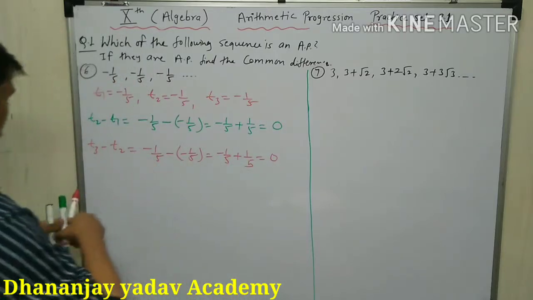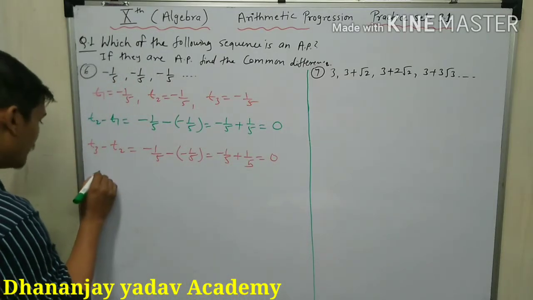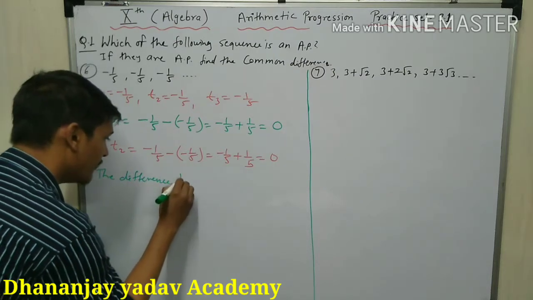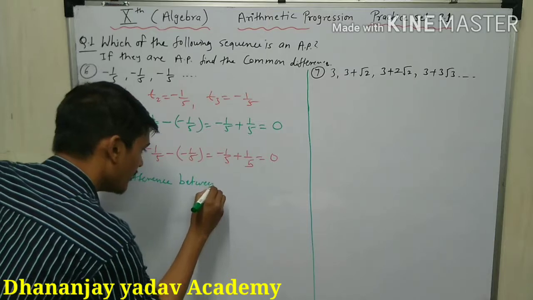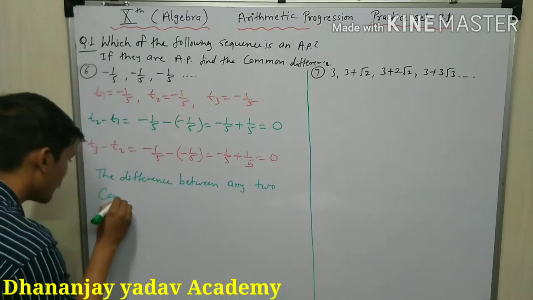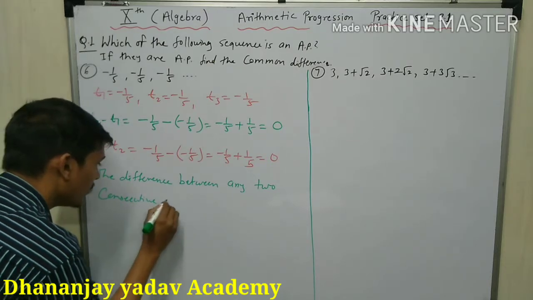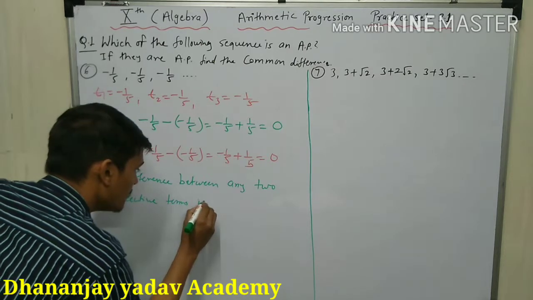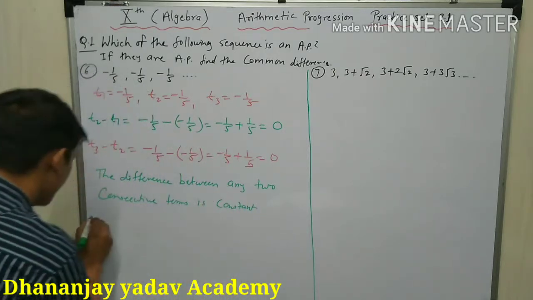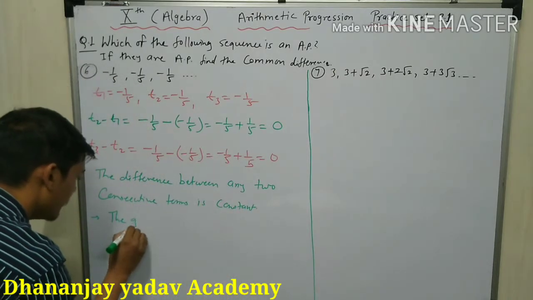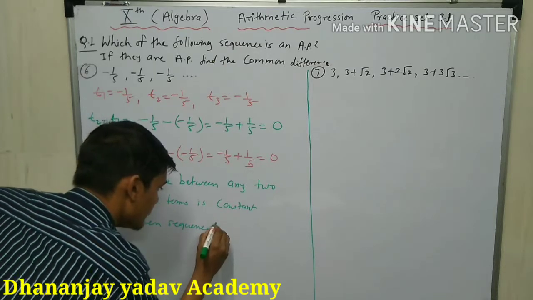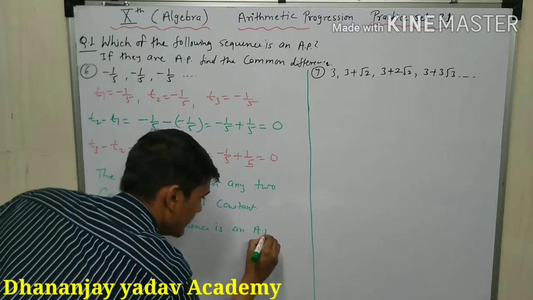Understood? Then you can write here: the difference between any two consecutive terms is constant, then the given sequence is an AP.